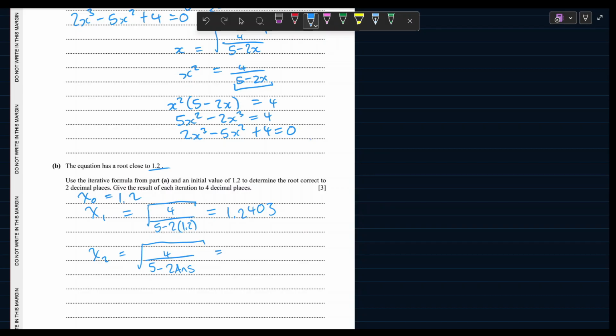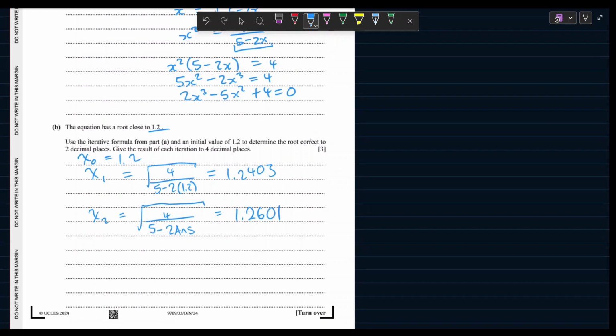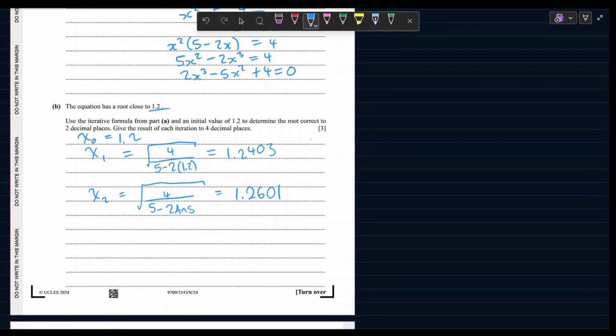So essentially it stores the result of each previous iteration so that you don't have to keep substituting in the result of the previous iteration. Okay, so that's 1.2601.